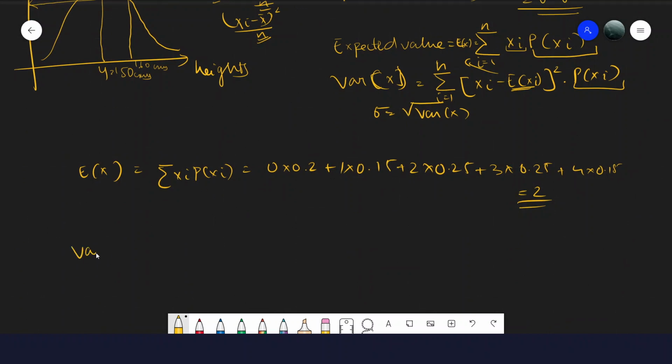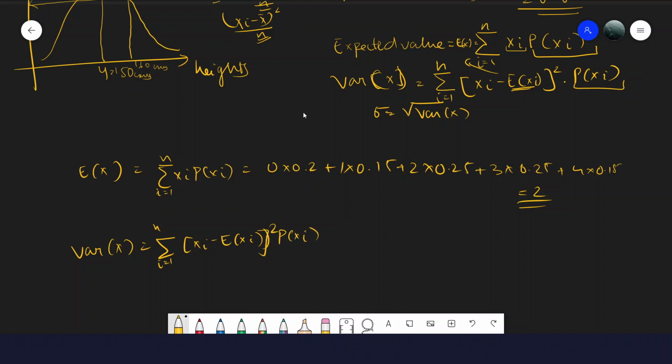And if I have to take the variance of x, again I'm just applying the formula: the sum from i equals 1 to n of xi minus e of xi, the whole square, times p of xi.